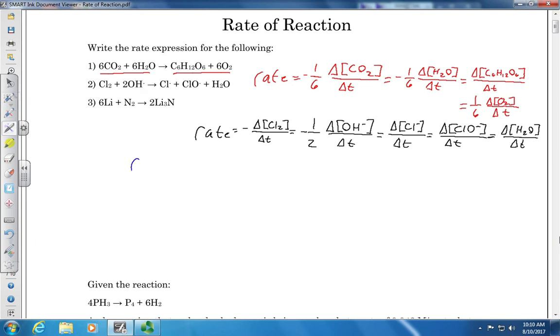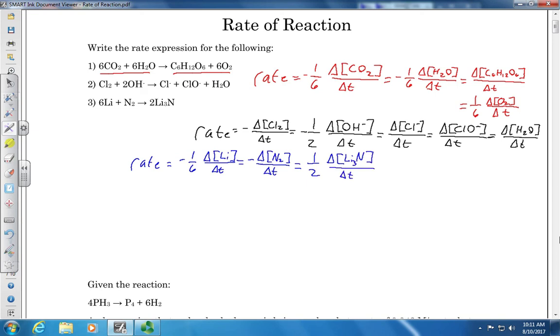We have rate is equal to negative 1/6 times the change in concentration of lithium over the change in time, which is also equal to negative the change in concentration of molecular nitrogen over the change in time, which is equal to positive 1/2 times the change in concentration of lithium nitride over the change in time.